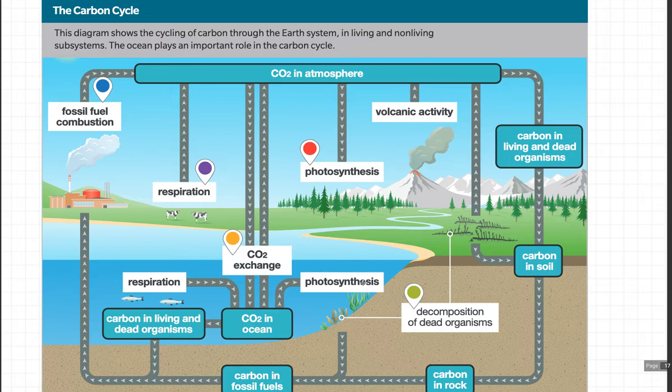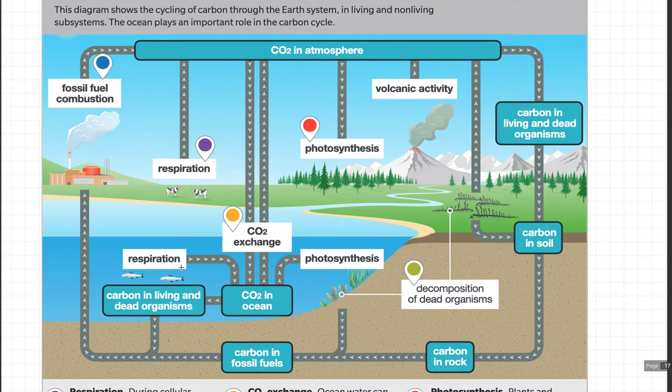This is a big giant diagram showing the carbon cycle, for example, and how that's an example of things that move around. We have carbon in the atmosphere. It's used by trees in photosynthesis. More carbon is released through volcanoes. Fossil fuels and people breathing things out put carbon in the atmosphere. It goes into the ocean through organisms.